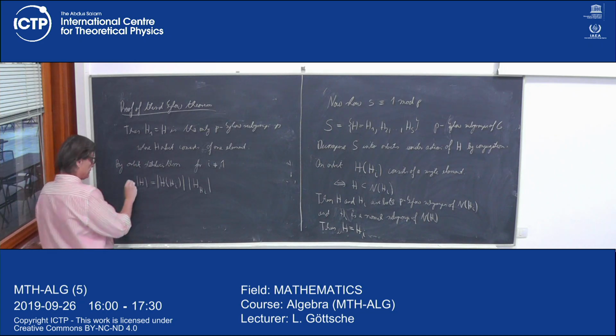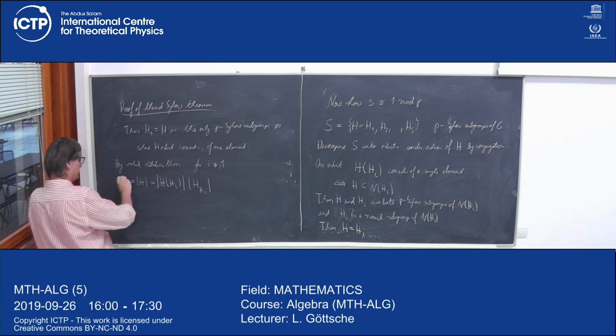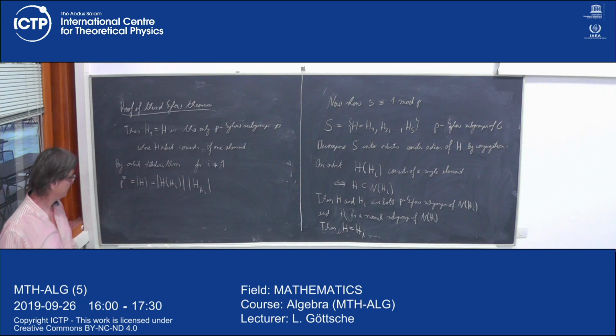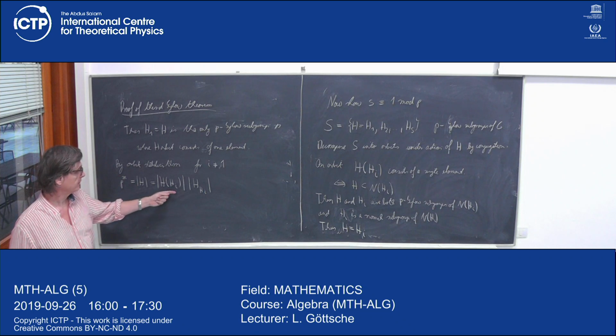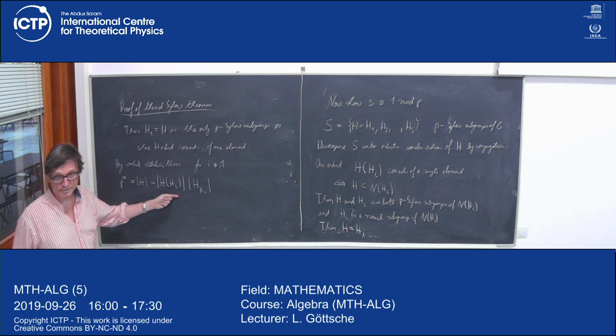Now, this is again p to the m. So we know that this number is not 1, so it must be a divisor of p to the m which is not 1, so it is divisible by p.